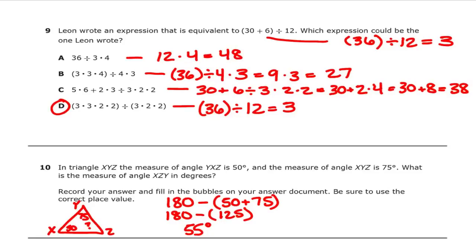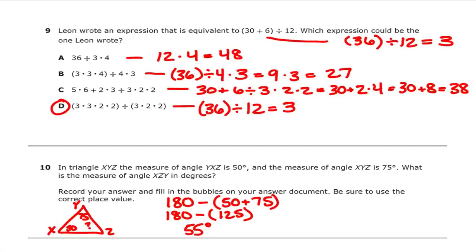And lastly, number 10, in triangle XYZ, the measurement of angle YXZ is 50 degrees, and the measurement of angle XYZ is 75. What is the measurement of angle XZY in degrees? I just made a basic little triangle here, XYZ.